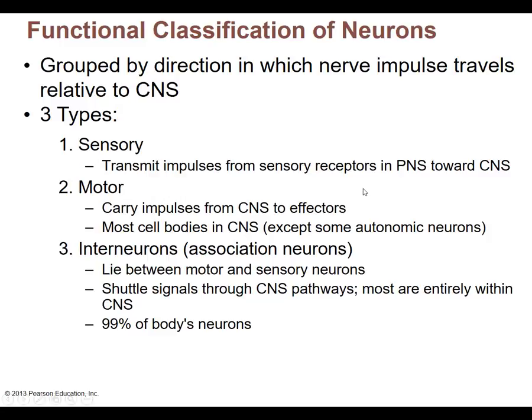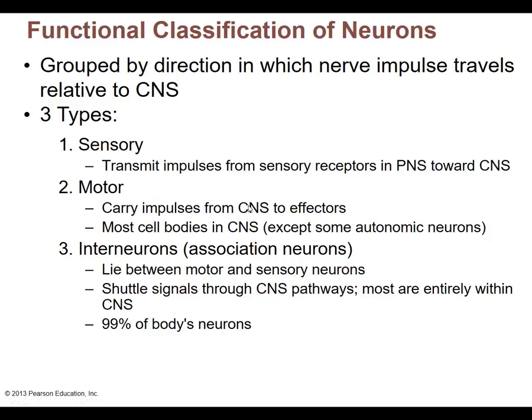You saw a bear. That was your sensory information. You sent it to the central nervous system for processing. Your motor nerves carry information from the central nervous system to effectors, whether it's your skeletal muscle or your heart. It's just going to carry information from the central nervous system to an effector organ.